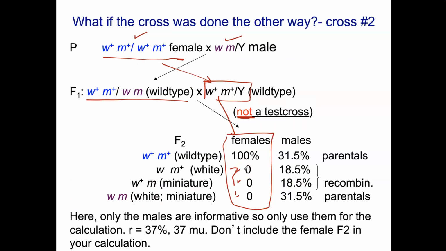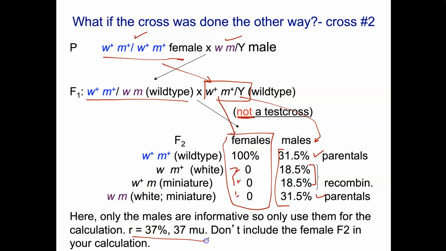But the males only get whatever X chromosome their mothers have. So there are parental ones that are passed on, and then there are recombinant ones that are passed on. And because the males are getting the Y chromosome from dad, we can tell from their phenotypes what their genotype was and which chromosome they got from their mother.